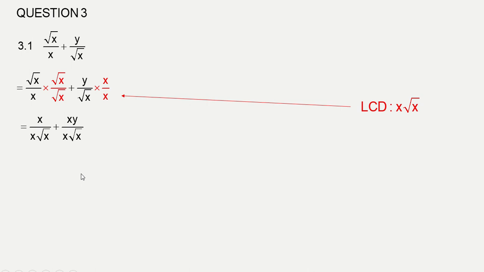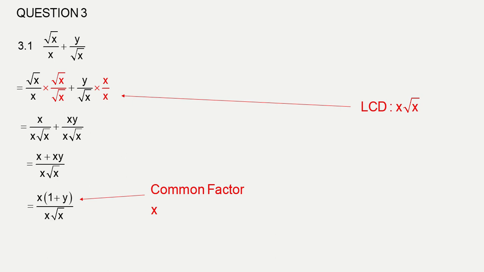And because now the denominators are the same, you can take one denominator and add the numerators. And if you look at the two terms in the numerator, they have something common, which is x. So you take out x as your common factor.